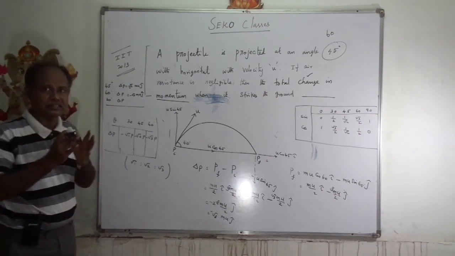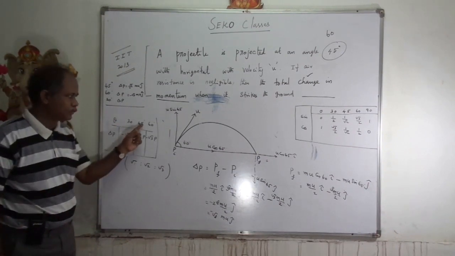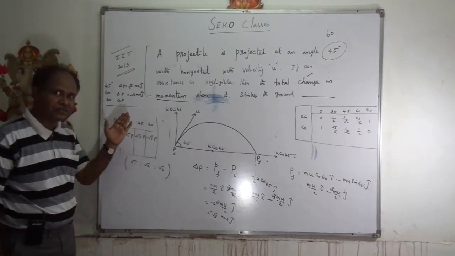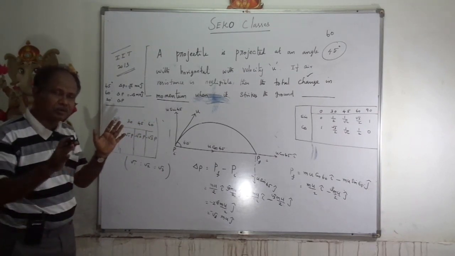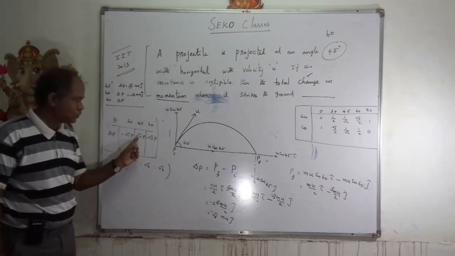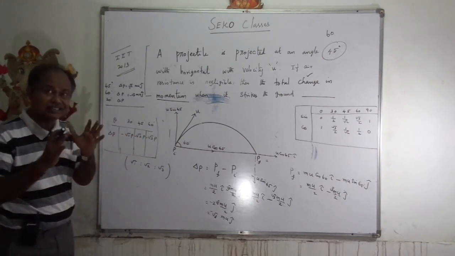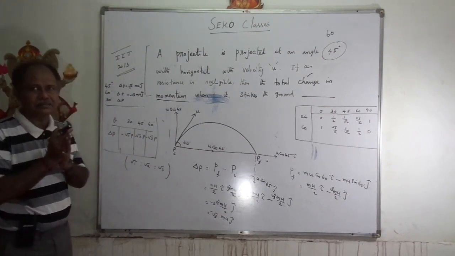Just remember like this. If the angle of projection is between 45 to 60, for example 50, they provide 4 options. Within the 4 options, the answer must be in between root 2 to root 3. Just remember, we can judge the approximate answer.